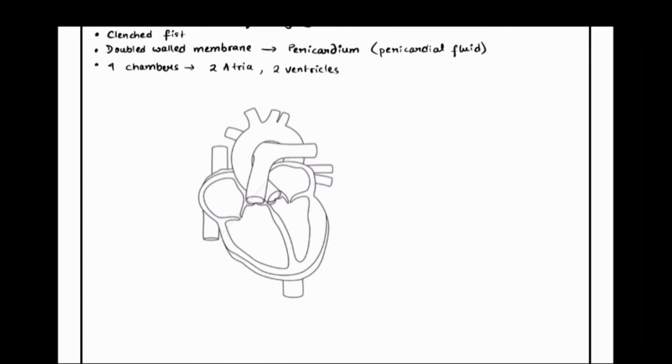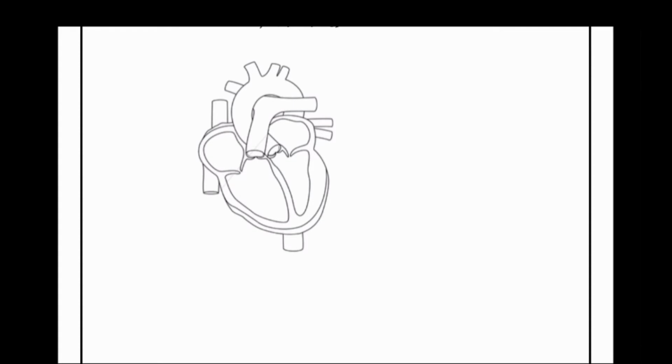In this diagram, this is the right atrium, this is the left atrium, this is the right ventricle, and this is the left ventricle. So these are the 4 chambers of the heart.